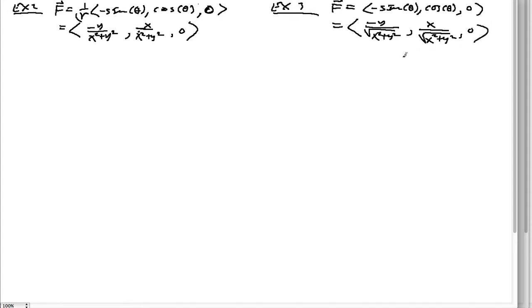All right, so these are very similar vector fields, and I can write them kind of side by side here. This one's going to have that 1 over r dependence, so as we go further out away from the origin, we'd expect the vectors nearer the origin to be bigger than the vectors further away. And we have that sort of vorticity that we were wanting to talk about before.